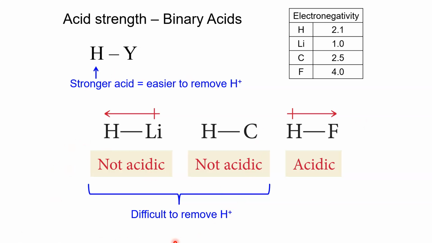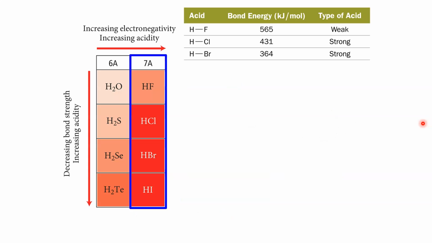These are too difficult to remove to even function as acids. However, fluorine is so electronegative, it pulls most of the electrons towards itself, so that H is really vulnerable to attack by other compounds that want that H. And so the hydrogen and the fluorine dissociate. We can also look at decreasing bond strength.